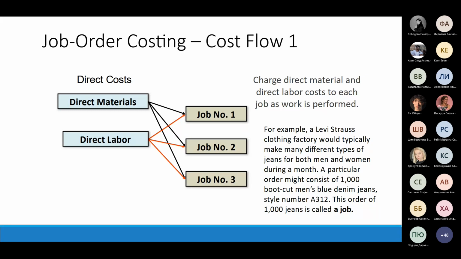Then we assign direct labor. We directly split the working hours between job number 1, job number 2, and job number 3, and therefore there is no difficulty in calculation of the total direct labor cost associated with the specified job. I think this cost flow step number 1 is the simplest one.